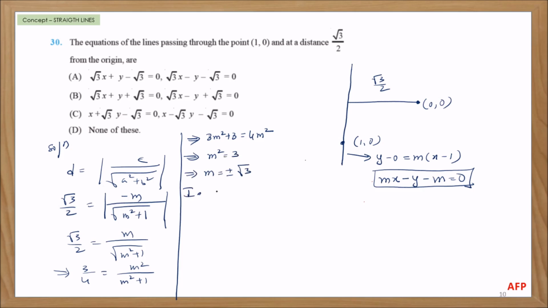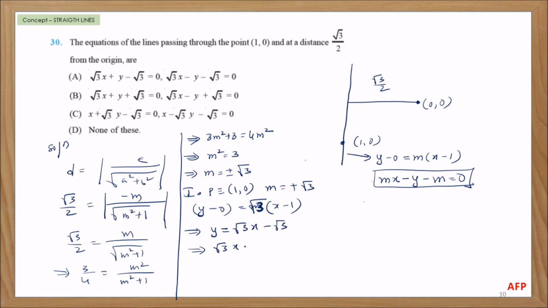Case 1: the point is given (1, 0) and m is plus root 3. So y = root 3 (x - 1), y = root 3 x - root 3. So root 3 x - y - root 3 = 0.